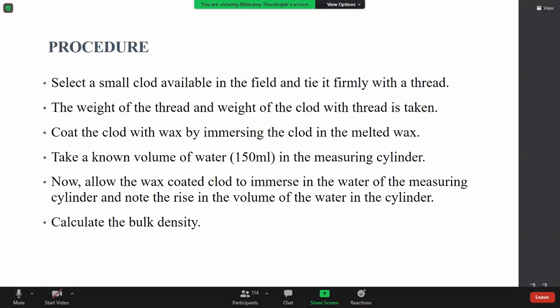You need a small clod which you find from the field, and you have to tie it with thread. Then you have to immerse this clod in the melted wax. Why do we immerse this clod into melted wax?